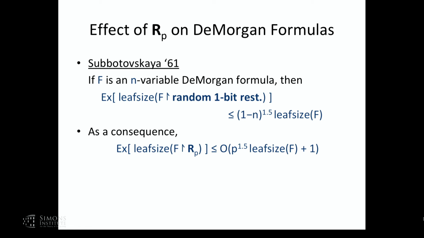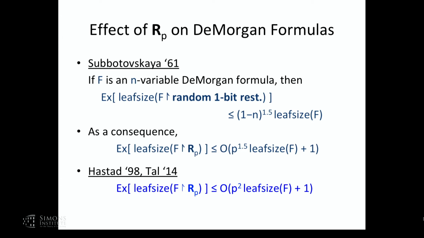Okay, so as a consequence of what should have been written here, the expected leaf size of f under a p-random restriction is bounded by order of 1 plus p to the 1.5 times the leaf size.